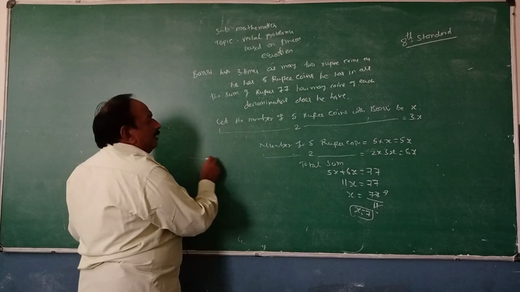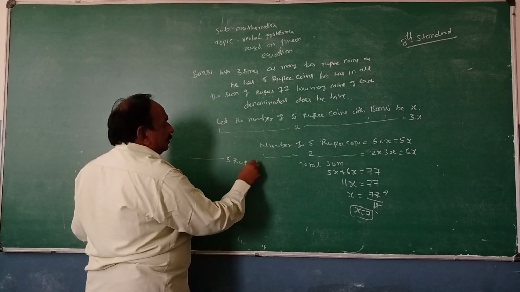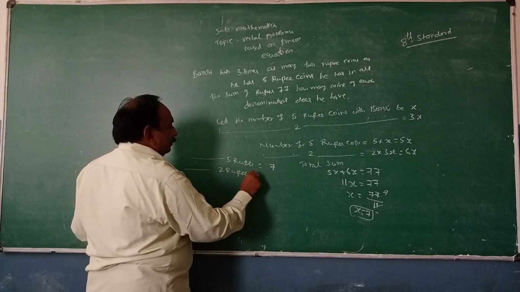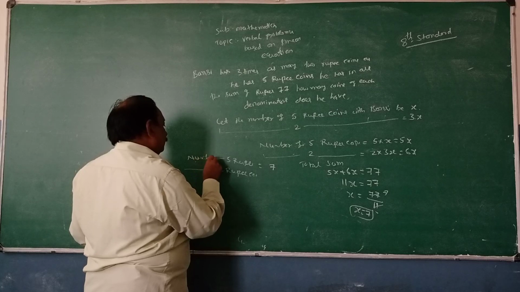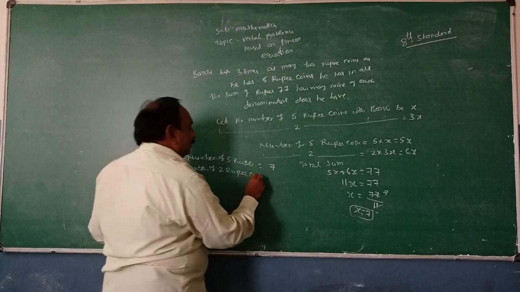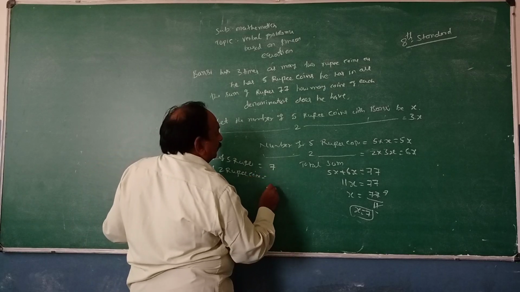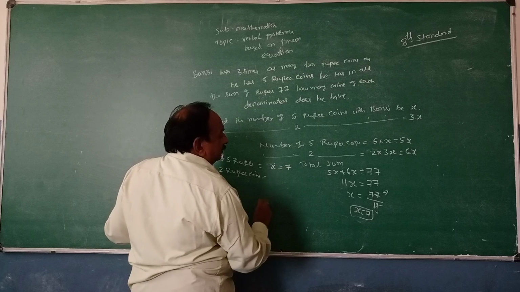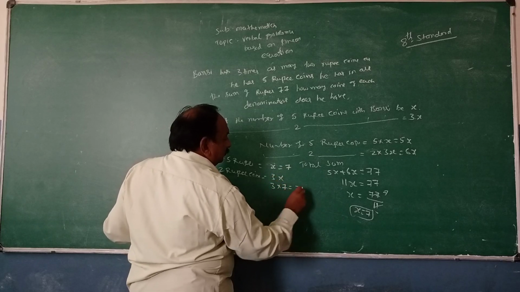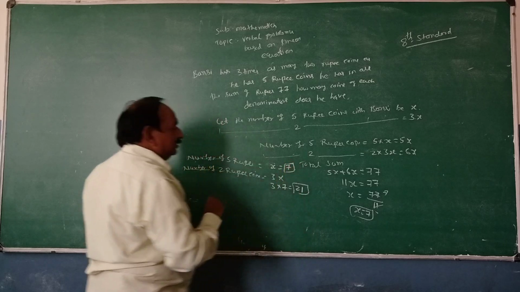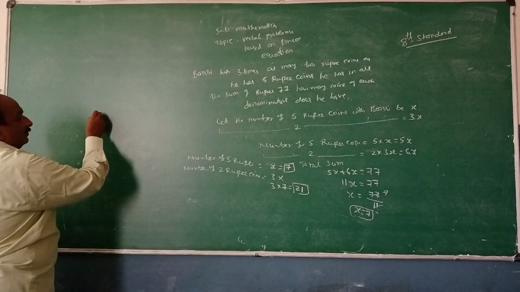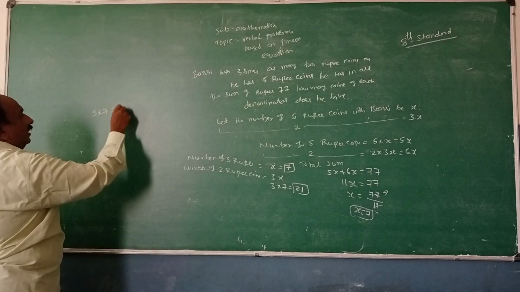Then the number of 5 rupee coins is 7. Number of 2 rupee coins is 3x, 3 into 7, that is 21 coins. 5 rupee coins, 5 7s are 35.